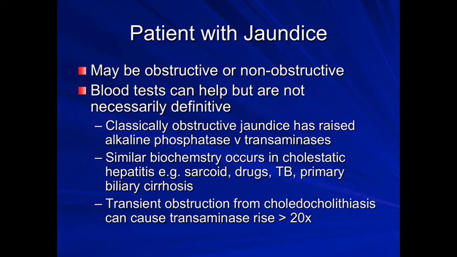It should also be remembered that transient obstruction from choledocholithiasis can cause rises in the transaminases up to 20 times their normal levels. If you only look at that ratio between the alk phos and the transaminases in that setting, you'll suspect that this is actually a non-obstructive cause, when in actual fact it's due to a stone obstructing the common bile duct.